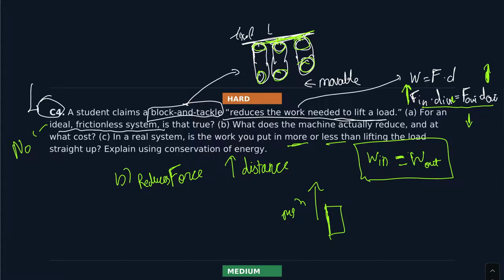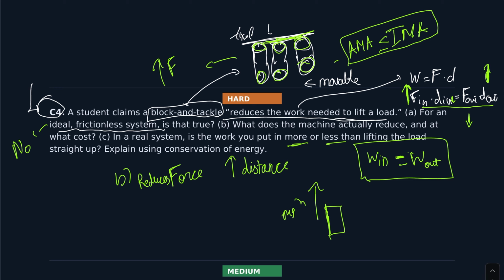Because remember when I told you that actual mechanical advantage is lesser than or equal to ideal mechanical advantage, right? Which means in an actual system, there's friction, all sorts of messes, right? So you have to exert more force over a larger distance, of course, but it's still that you have to exert more force, okay? So it's not your ideal situation here. So you would have to put in more.